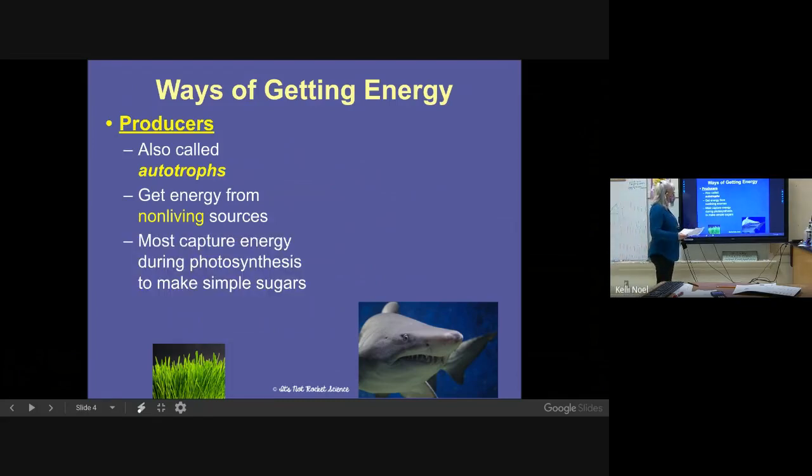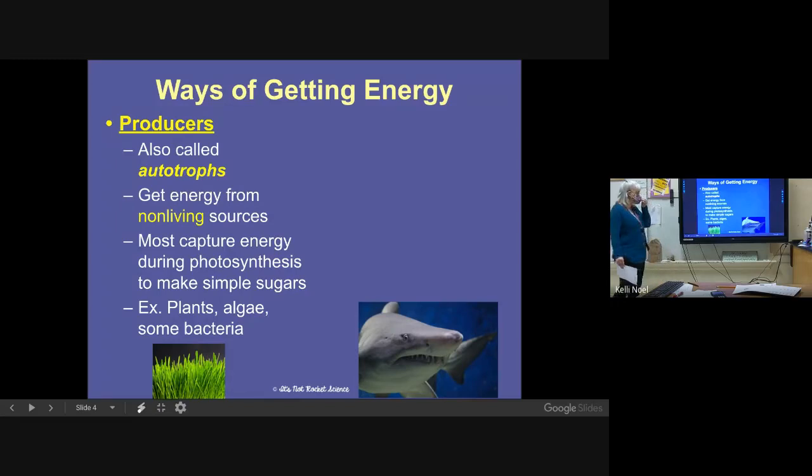So from non-living sources, they're going to be using sunlight, carbon dioxide, and water to make, through photosynthesis, simple sugars. Organisms that do this are your plants, your algae, and some bacteria. So there are always going to be producers at the bottom of the food chain.